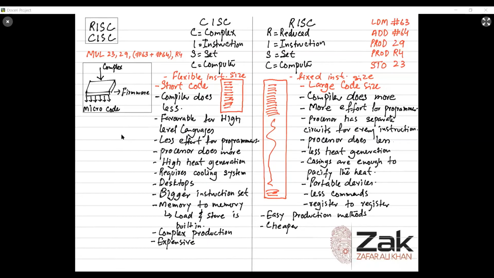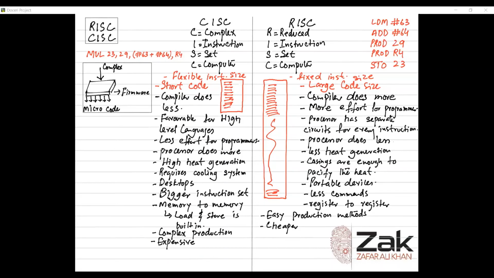Now this is another indication. All those devices which have coolers in them, which have fans in them to cool down, those are made up of what? CISC. But you can see that these handheld devices like your iPads, tabs and cell phones do not have a fan in them. So it means that these devices are more RISC oriented than CISC oriented.